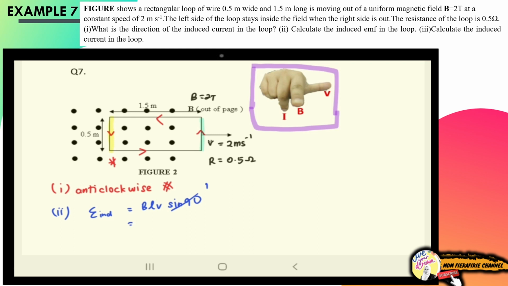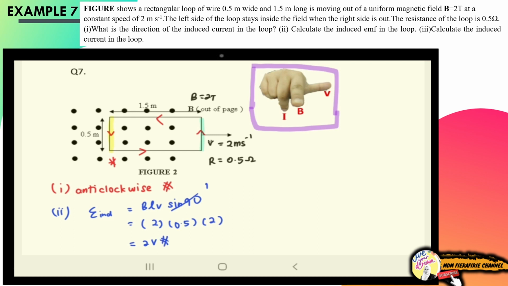We consider this side, 0.5 meter length, as our conductor. B is equal to 2 and the length is 0.5, where V is given 2, therefore the induced EMF is 2 volt.